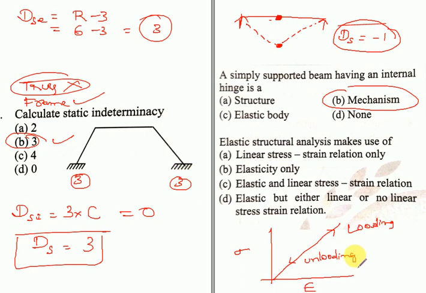On unloading, the deformation shall be recovered completely in the same direction as that of loading. If you are loading something, the material is getting expanded, and if you are unloading it, it regains its original position. So an elastic linear stress-strain relationship would be the right answer.